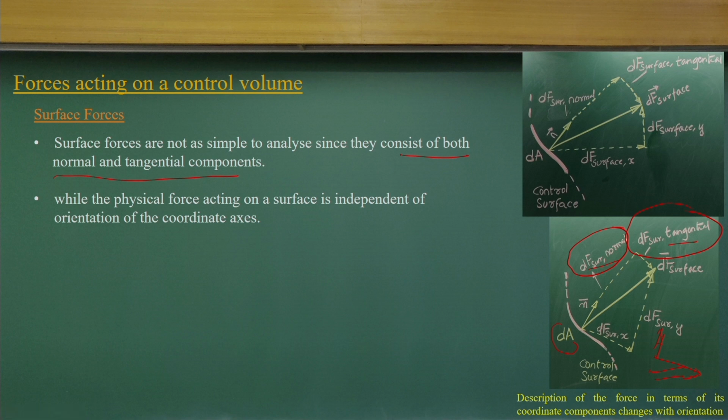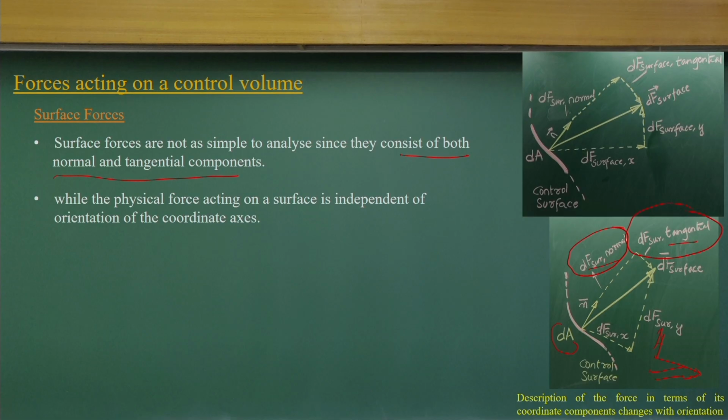One is resolving the force vector into scalar components in the x and y directions. The other is resolving the force vector into normal and tangential components. That is what is illustrated here, how you can have two different sets of components.